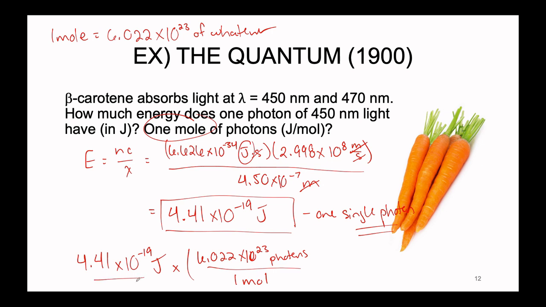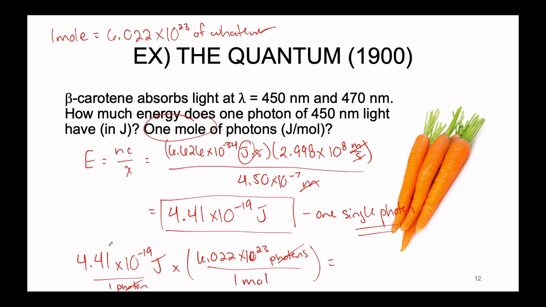So if 1 photon had 4.41 times 10 to the negative 19 joules of energy, and now we're scaling it up by Avogadro's number worth of photons, all we have to do is similarly scale up the energy.